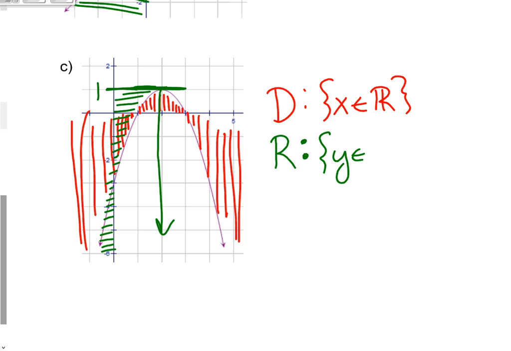So we say y is an element of the real number system, but y has to be greater than or equal to 1. So we're going to start using our greater than or equal to signs. So y, oops, I even wrote that wrong. Y has to be less than or equal to 1 because y is going down. Y is less than or equal to 1. Sorry about that. So we can see that all our y values are 1 and lower. Okay, so they're getting smaller. And that's how we would write our domain and range.